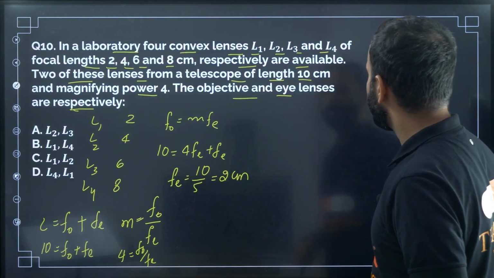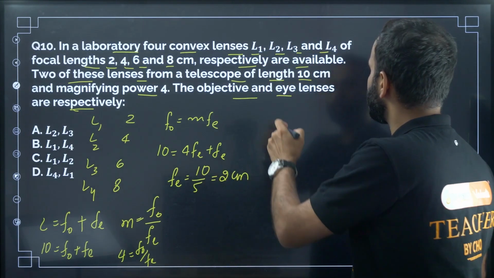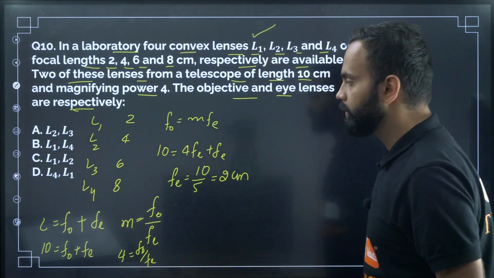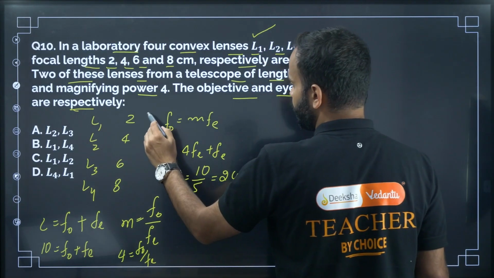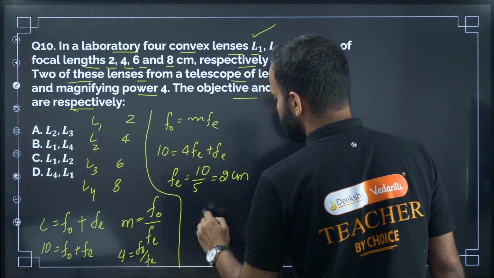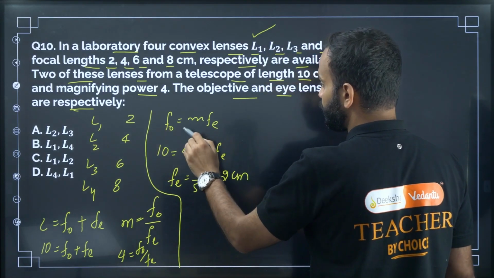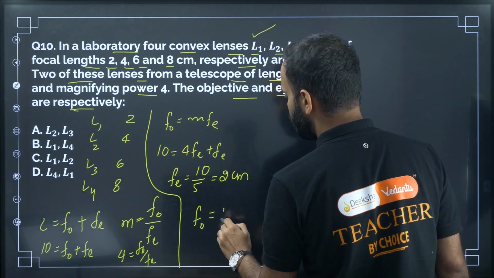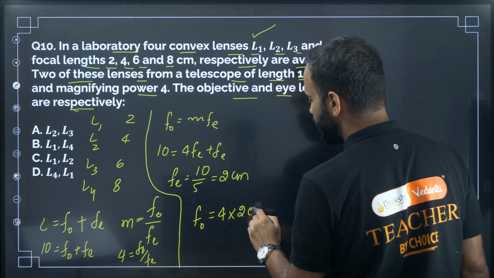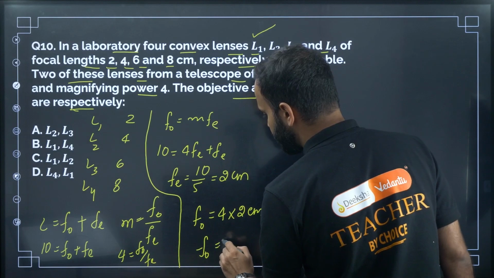So we are using the first lens as eyepiece. Let us find FO. FO is M into FE, so FO is equal to 4 into 2 centimeter, so FO equal to 8 centimeter.